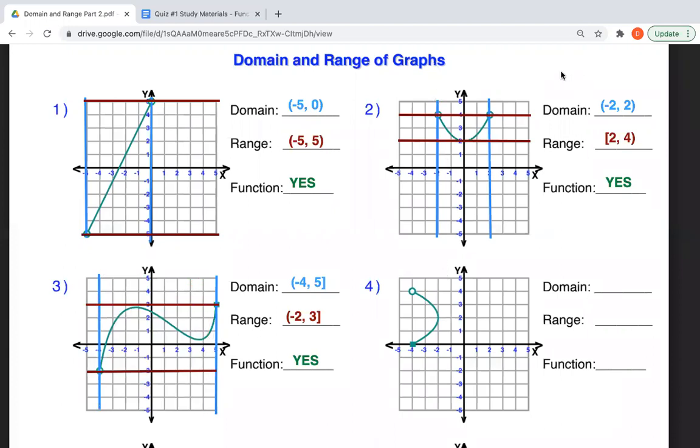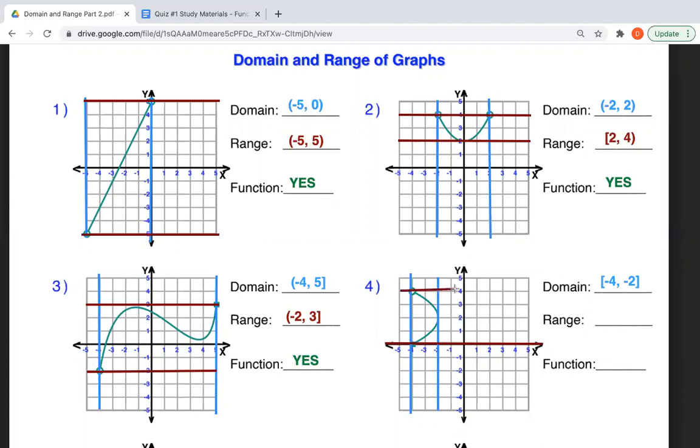Now for number 4, the left side of my graph is here at -4. Watch how I move this line down though. It touches an open circle, but then it touches a closed circle, canceling that open circle out. So this is going to be a bracket. The right side of my wall is at -2, no open circle, so also a bracket. -4, -2. The bottom of my graph is at 0, right on the axis, bracket.